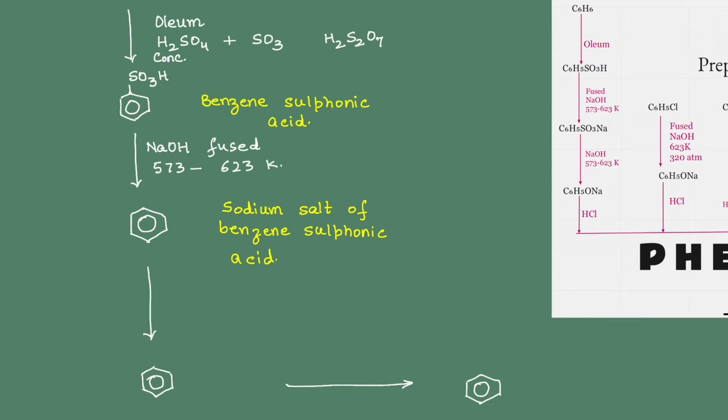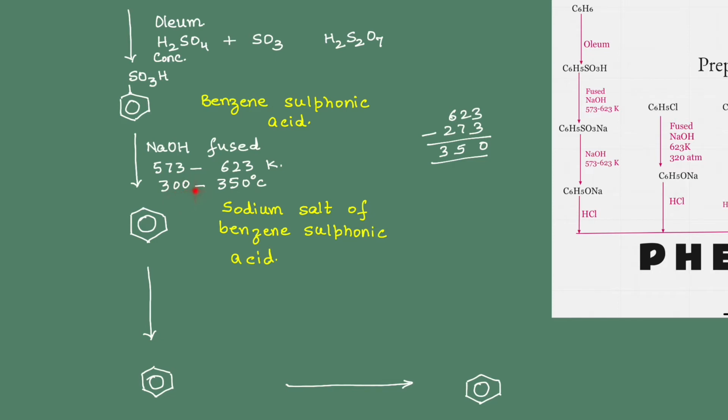You can also write it as 300 degrees Celsius to how many degrees Celsius? How do you convert Kelvin to degrees Celsius? Yes, of course, you take away 273. What do you get? Yes, 300 to 350 degrees Celsius. Am I right in my calculation? Can you let me know?